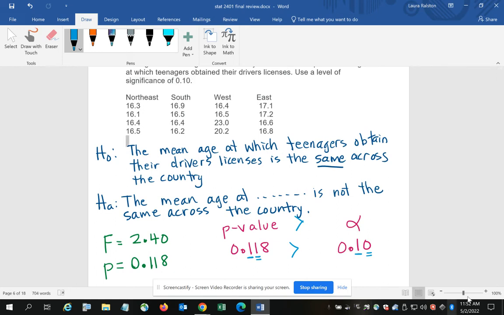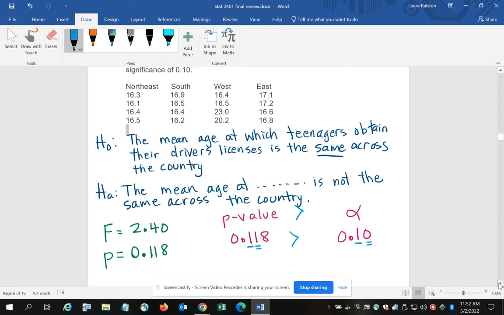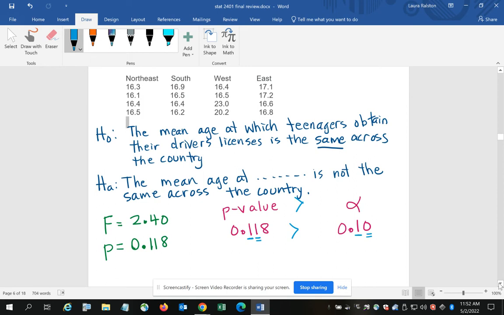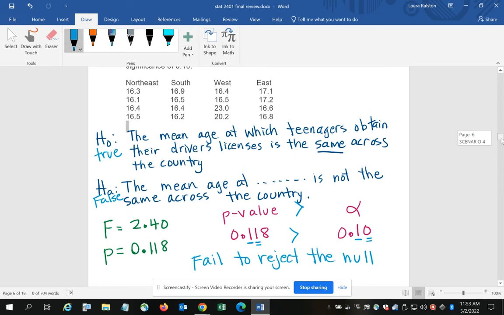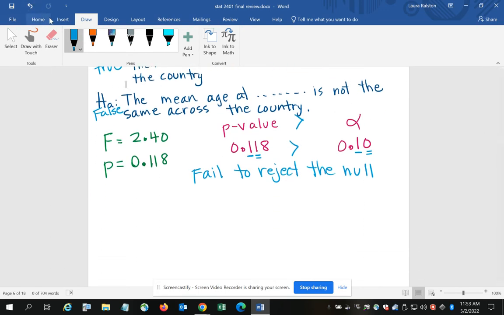If P is greater than alpha, then we fail to reject the null. If we fail to reject the null, that means the null is true and the alternative is false. So in this case, the mean age at which teenagers obtain their driver's license is the same across the country.